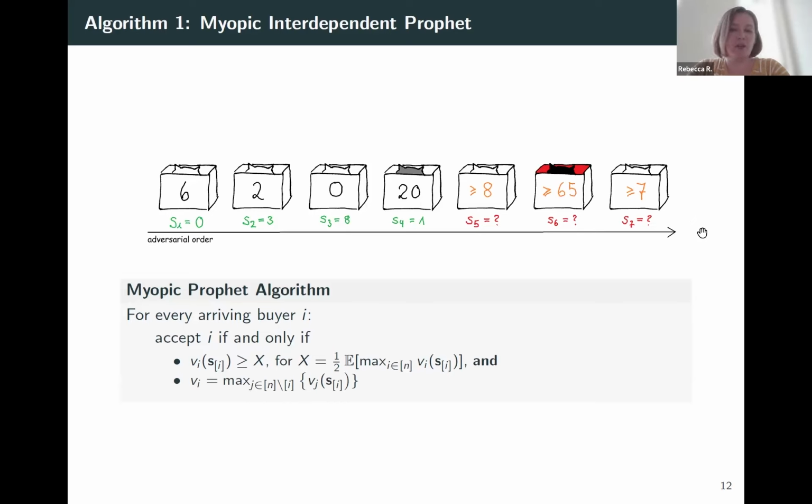For example, here for the red box, it's already 65. This means an adversary can make valuation functions in the way that later bidders are always better, right? And arbitrarily better. So you have to take that into account. You cannot pick the 20 now without losing too much. And this is essentially why you have to do more than in normal profits.